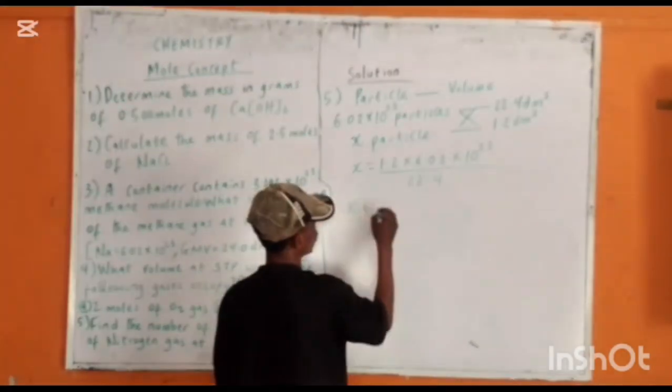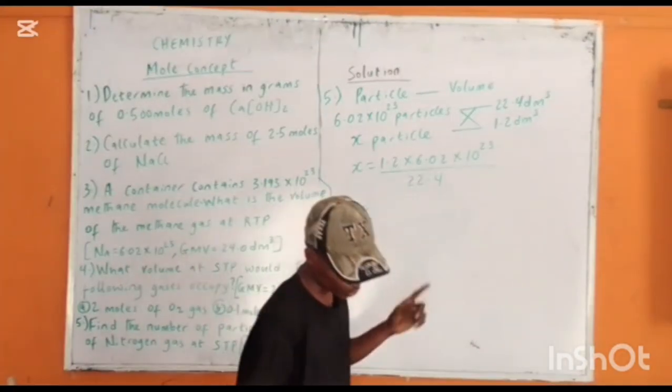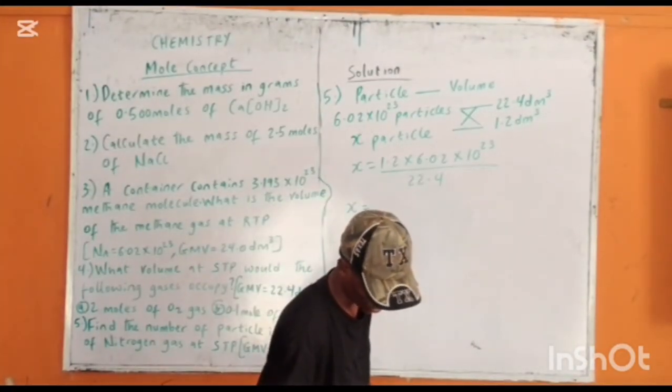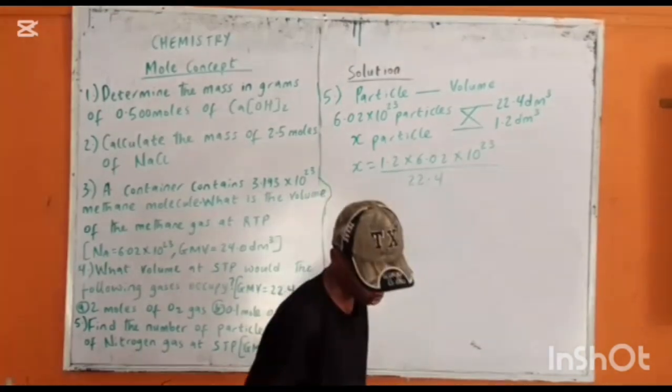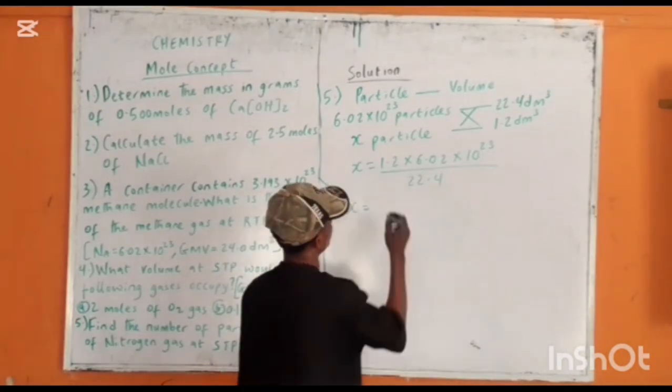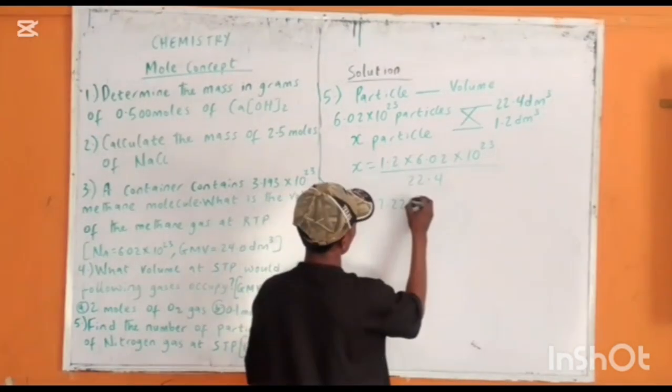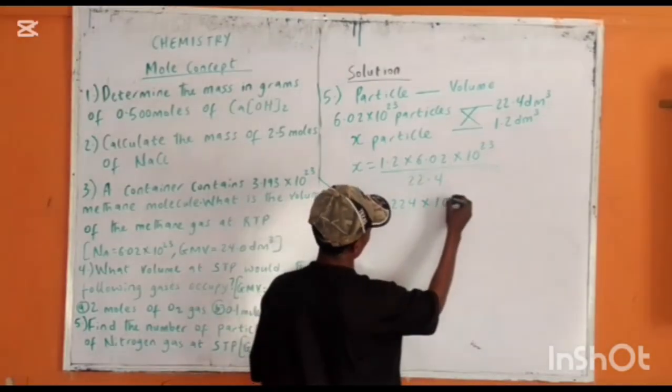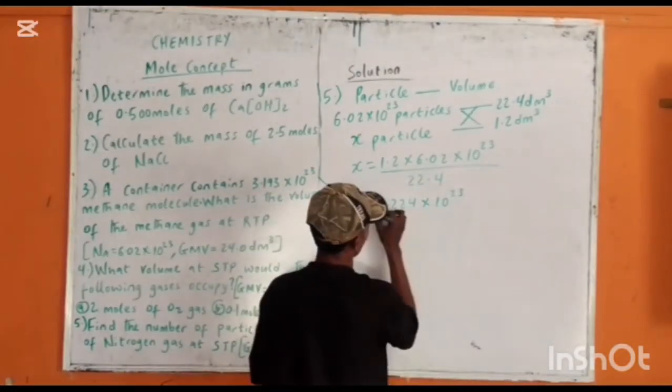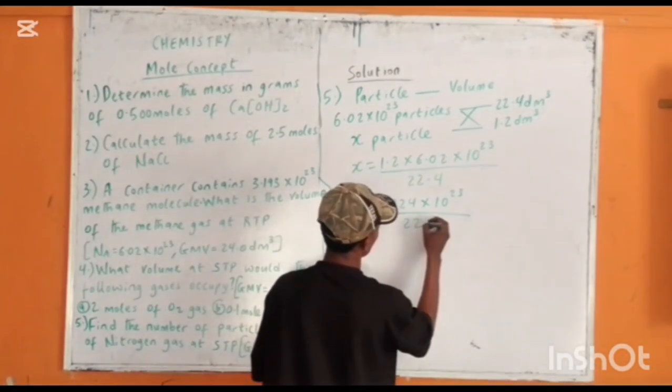So my x equals to 1.2 times 6.02. I will get 7.224 multiplied by 10 raised to the power 23 over 22.4.